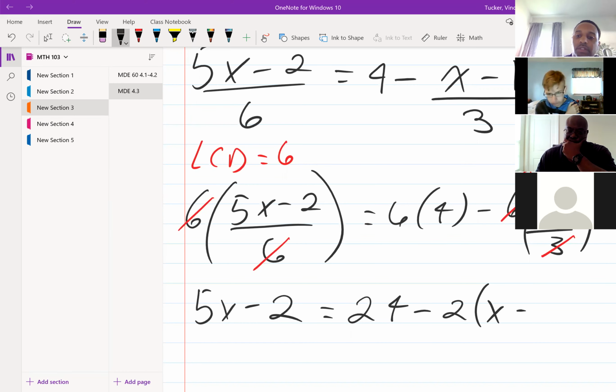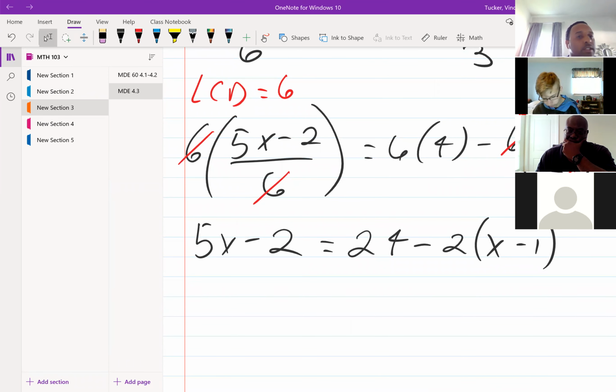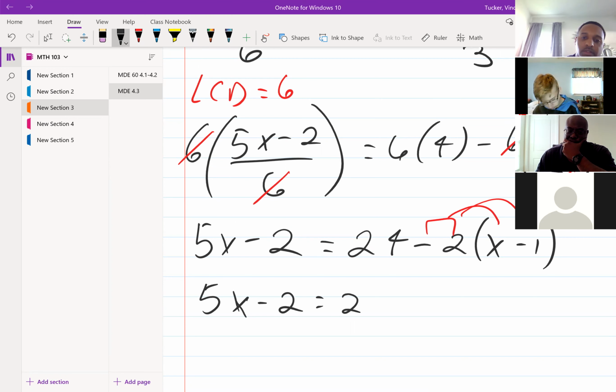So this is what we have so far after the cancellation. Distribute -2 into your parentheses. All right, so that's -2x plus 2.